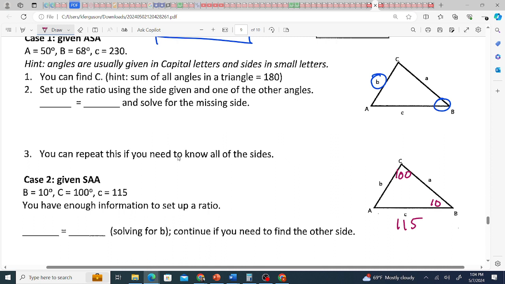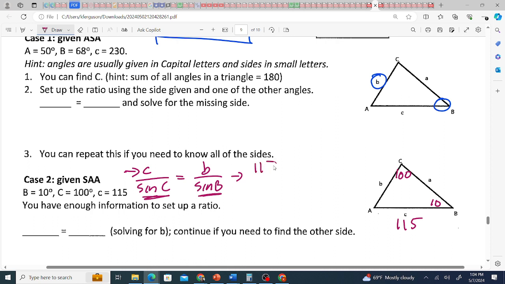So I know that sine, nope, not sine, sorry. Let's say C over sine of C equals B over sine of B. I know the angles, I know this side. The one side I don't know is that one, so that's why I want it on top.